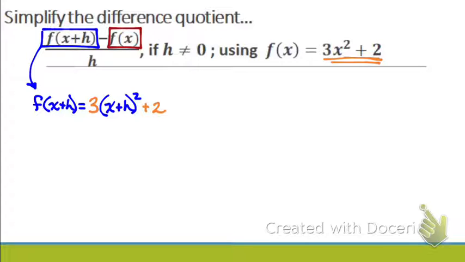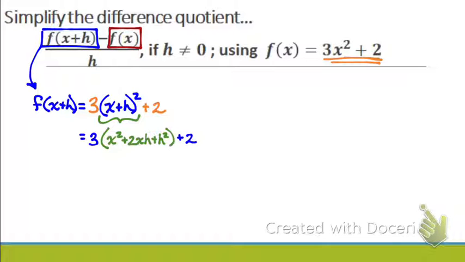So I need to simplify that. We're going to square this binomial. What does it look like when I square that binomial? Yes. x squared plus 2xh plus h squared.